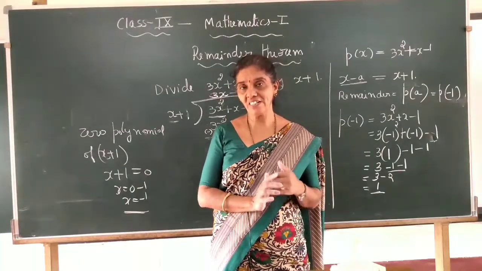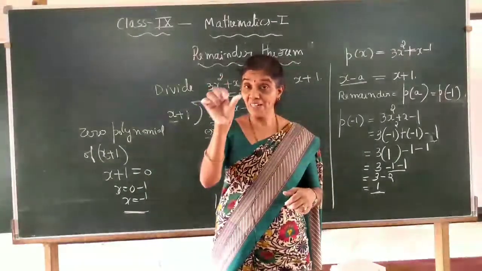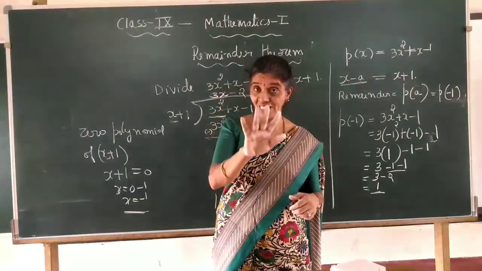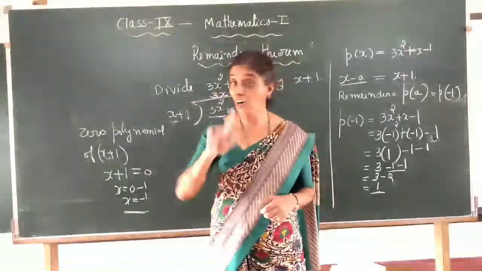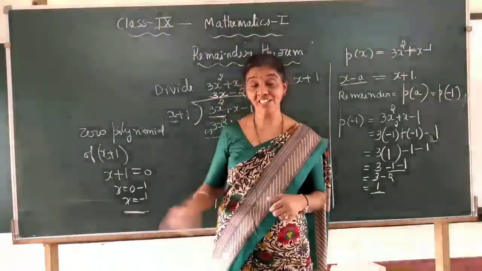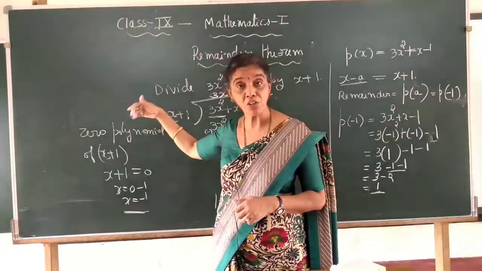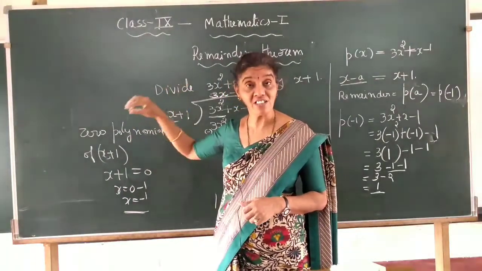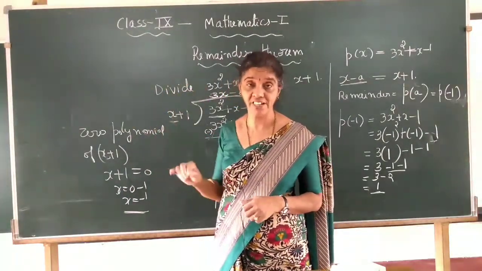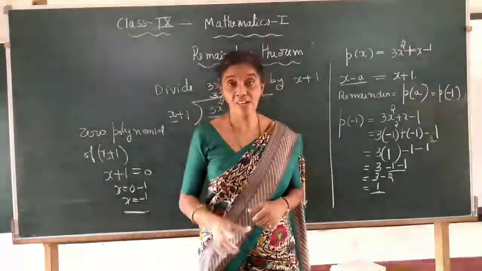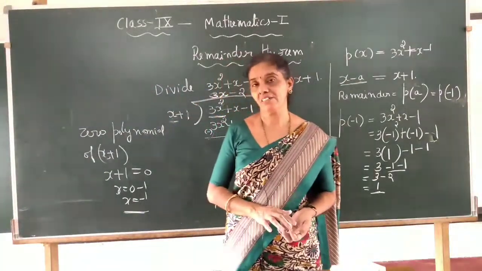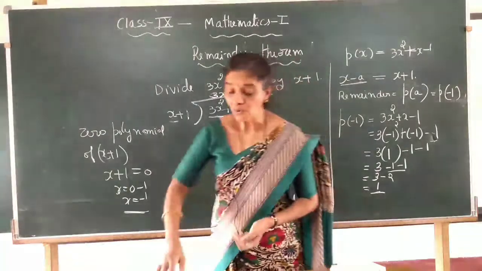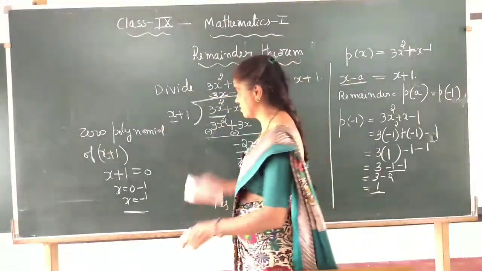The zero of x minus a is plus a, not minus a. A you have to take in the polynomial. The value of the polynomial p(x) at x is equal to a, after simplifying, is the remainder. That is the rule. Remainder theorem is that one.